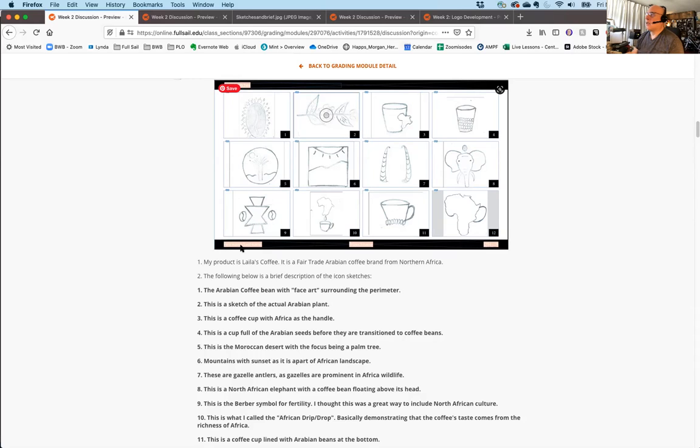I think that the Moroccan desert is interesting, perhaps. So that could work. And let's see, what's number 2? Arabian plant. Something there, and maybe connect with something else. In your list, the elephant is interesting if you made the elephant more of a character. So think about that, but you're sort of edging in on it.